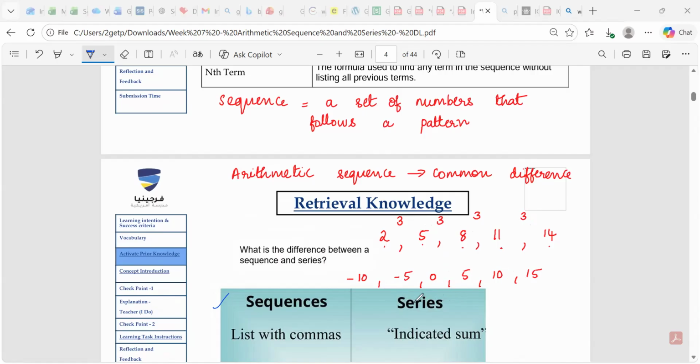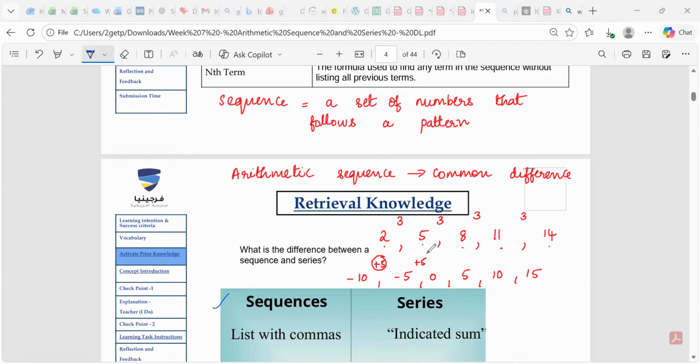Now, in this set of numbers, do we have to add the same number to get the next term? Let us check. Minus 10 plus 5 will give you minus 5.